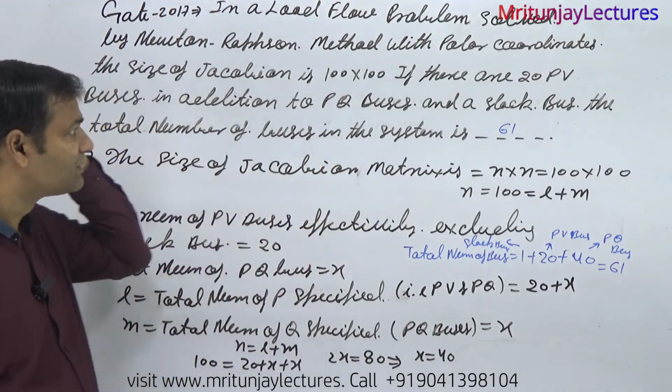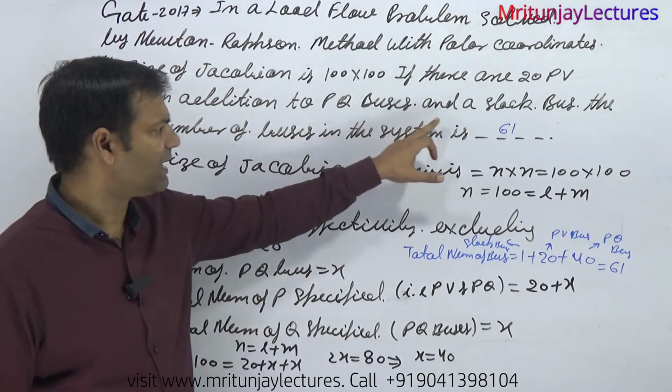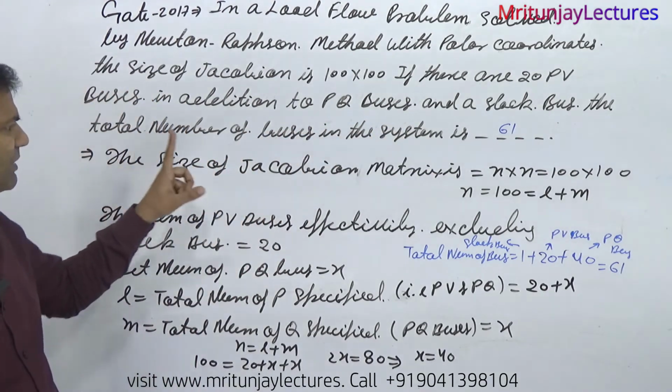Next, if there are 20 PV buses in addition to the PQ buses and the slack bus, we need to determine the total number of buses in the system.